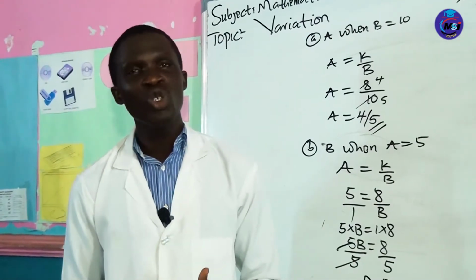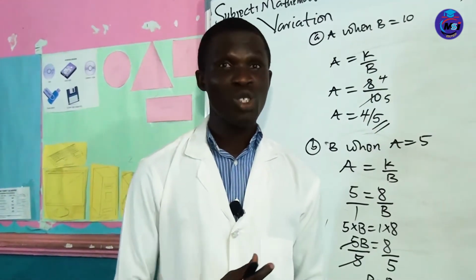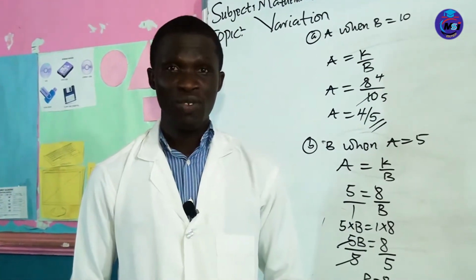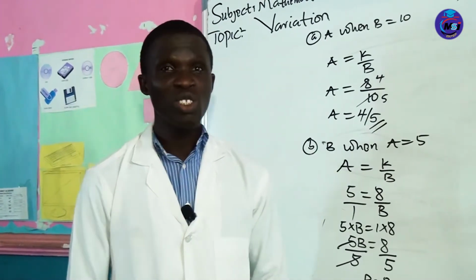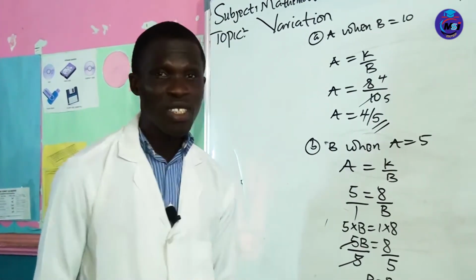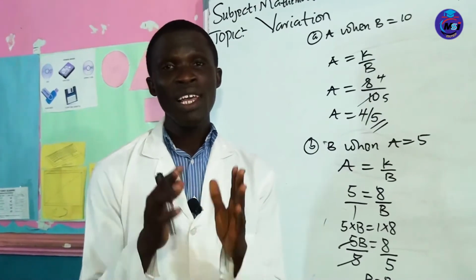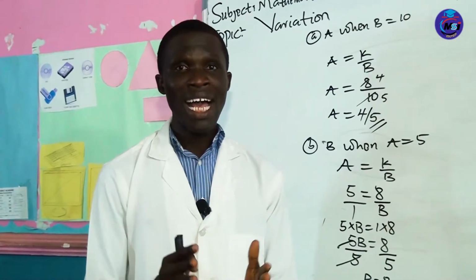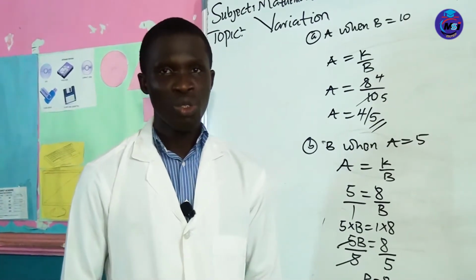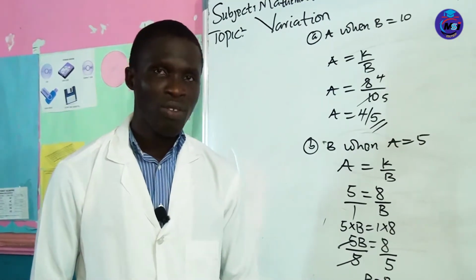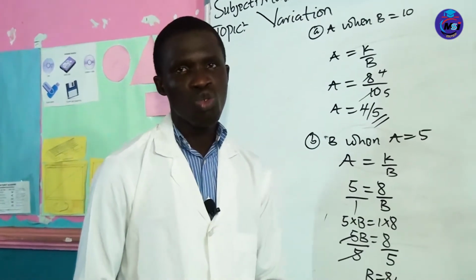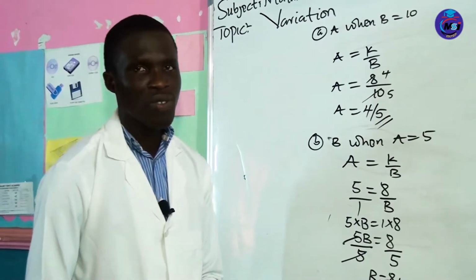It's just like you join a whole number and a fraction together, and we call it a mixed fraction. So the same thing happens with joint variation. That means you join direct variation and inverse variation together. So we have joint variation. Now let's see how to solve questions on joint variation.